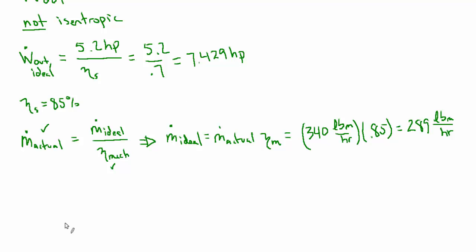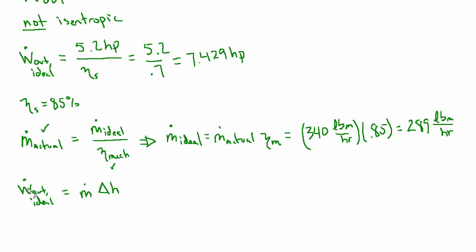So now what we can do is find the change in enthalpy for this ideal cycle. We know that the power out ideal is equal to m dot delta H. I think that's a formula somewhere, but it's the kind of formula that I wouldn't expect you to look up. This is one that you should just know, and you will once you do enough of these examples.